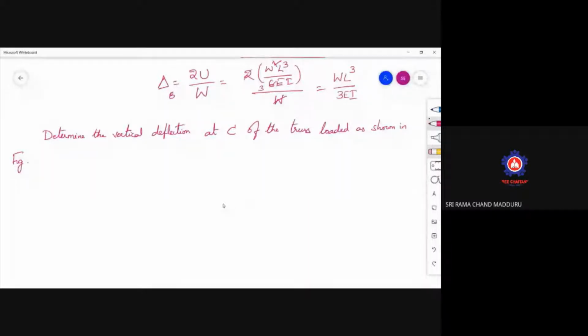All the members have the same cross-sectional area of 1500 square mm, and E is equal to 200 GPa.